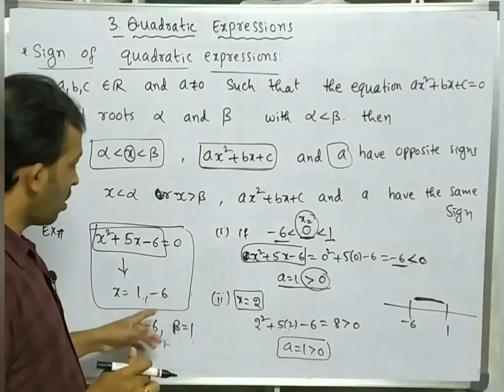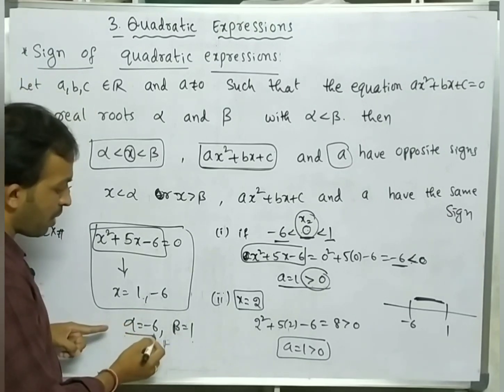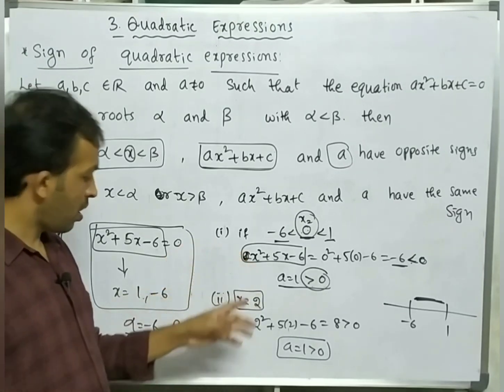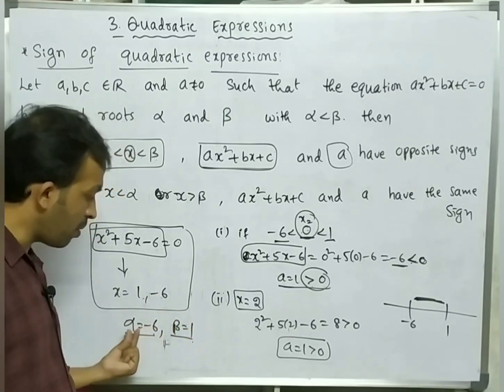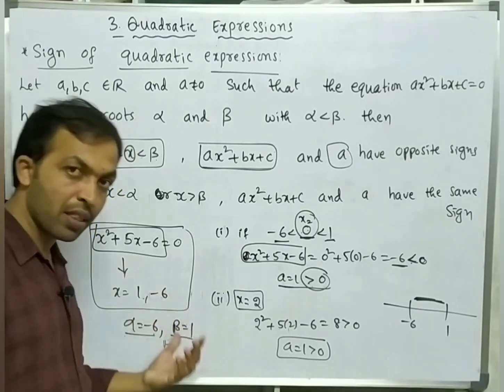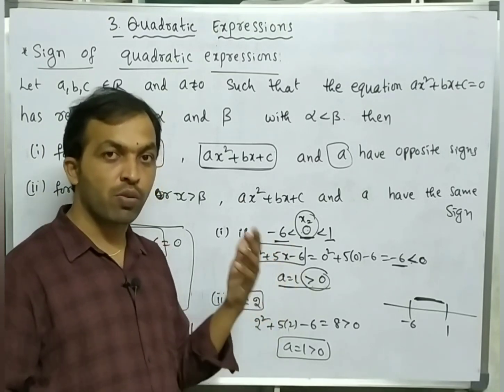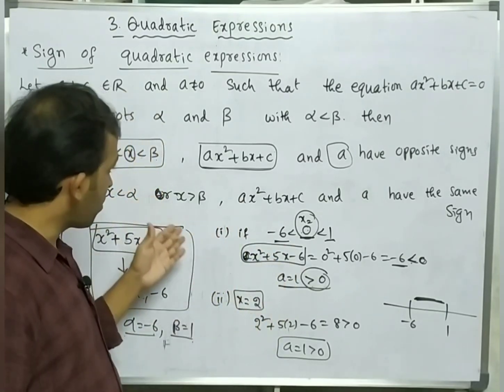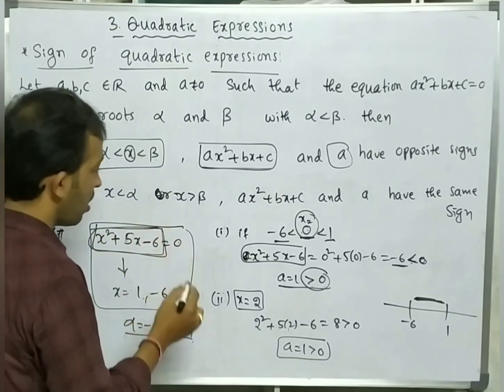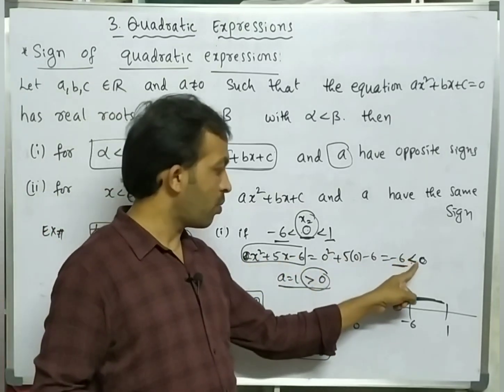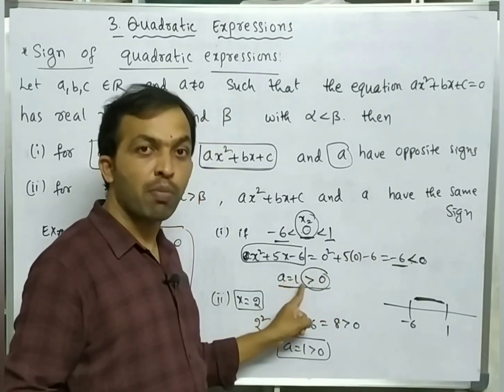So as alpha is equal to minus 6 and beta is equal to 1, if we take any value between minus 6 and 1, that means minus 5, minus 4, minus 3, minus 2, 0, and substitute in the quadratic expression, then always you will get negative only. Why? Because a is positive.